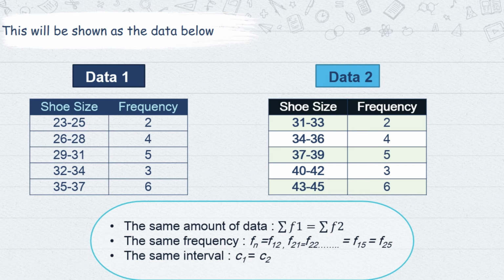The same frequency is frequency 1,1 equals frequency 2,1, until frequency 1,5 equals frequency 2,5. 3. The same interval is C1 equals C2.